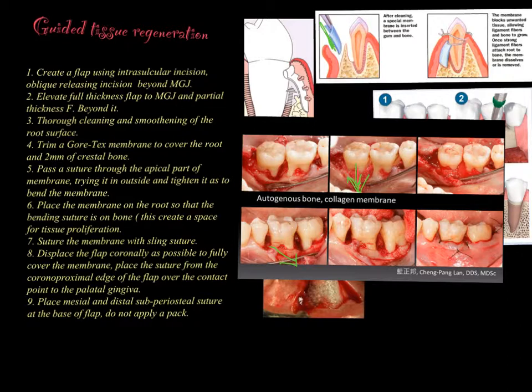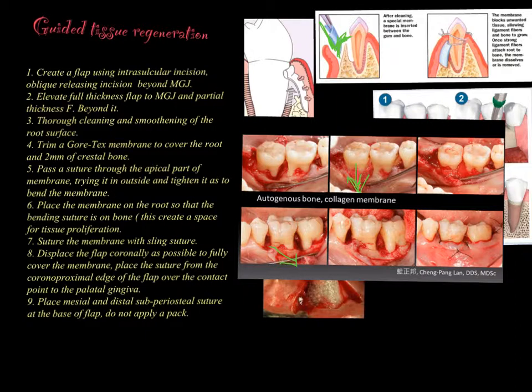Then we pass a suture through the apical part of the membrane and tie it on the outside and tighten it so as to bend the membrane.